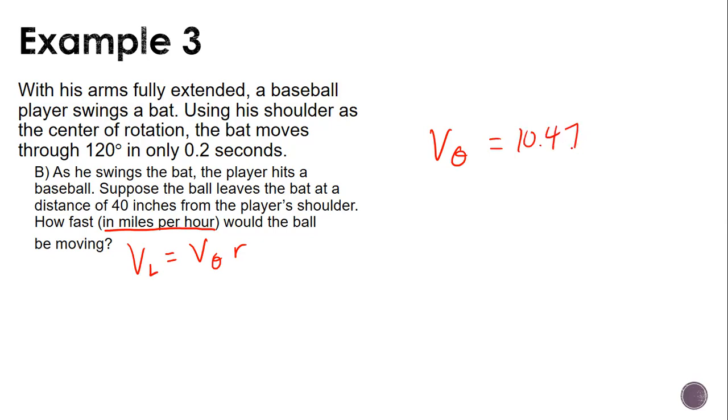Are y'all okay if we move through with the approximate? Cool. Okay, so our angular velocity is 10.47 radians per second, and our radius is going to be the arm, the distance. So then we plug that in. We have 10.47 times 40, and that equals.